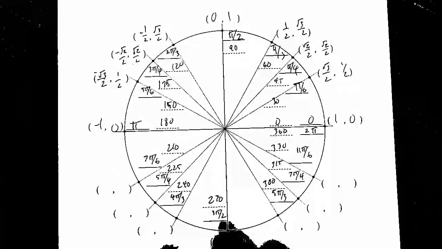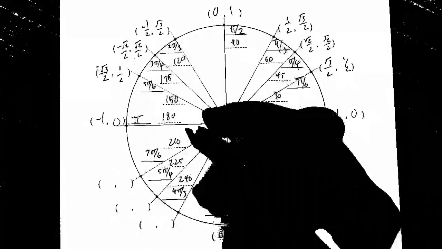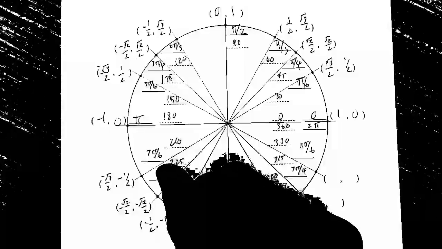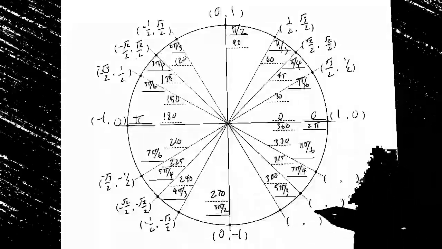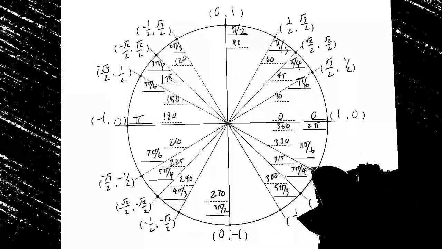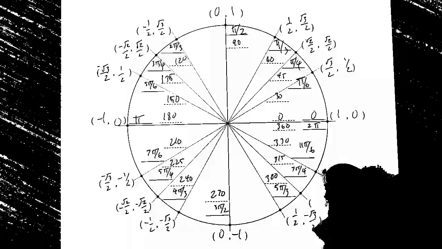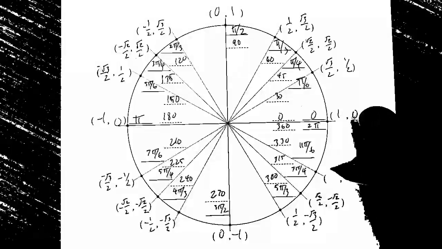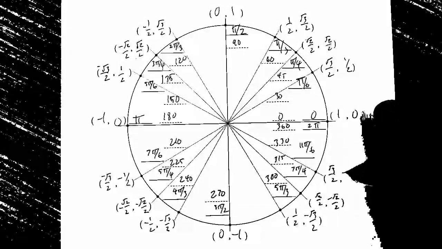Everything's negative down here: negative root 3 over 2, negative 1 half, negative root 2 over 2, negative root 2 over 2, and then negative 1 half, negative root 3 over 2. Over here we're at 1 half, negative root 3 over 2, root 2 over 2, negative root 2 over 2, and then root 3 over 2, negative 1 half.